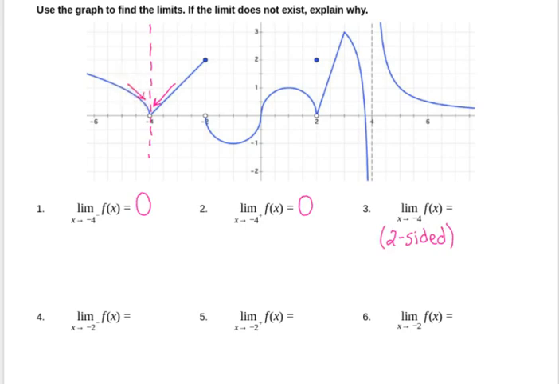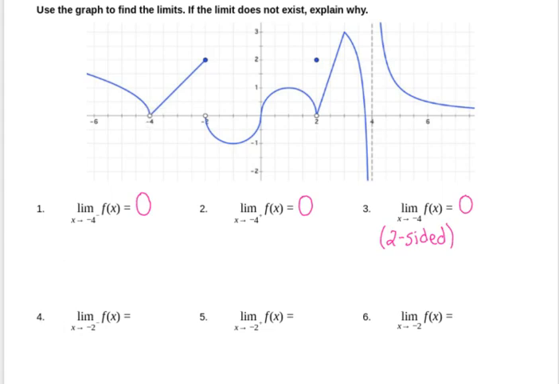And we did it in questions 1 and 2 anyway, but we can see that both the left limit and the right limit are approaching 0, so the overall limit is also 0. I'm going to erase this so it doesn't get in our way of the other problems that we're going to do.